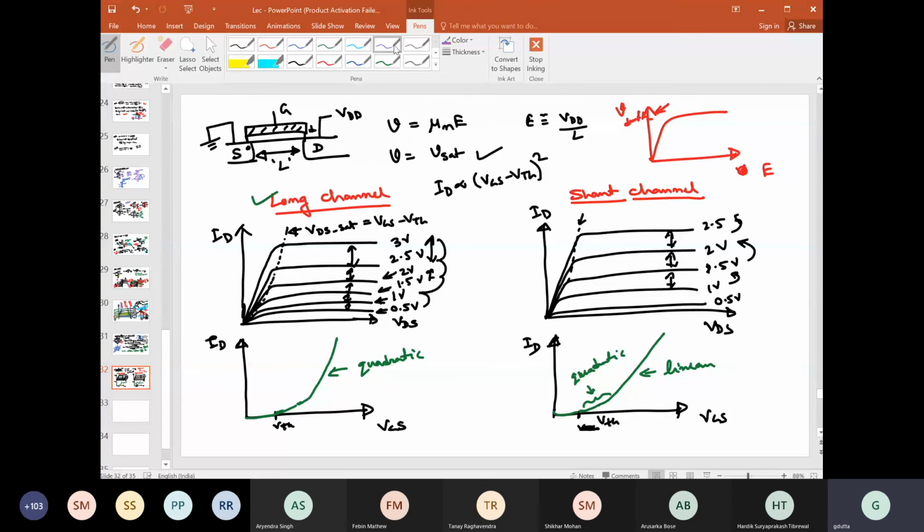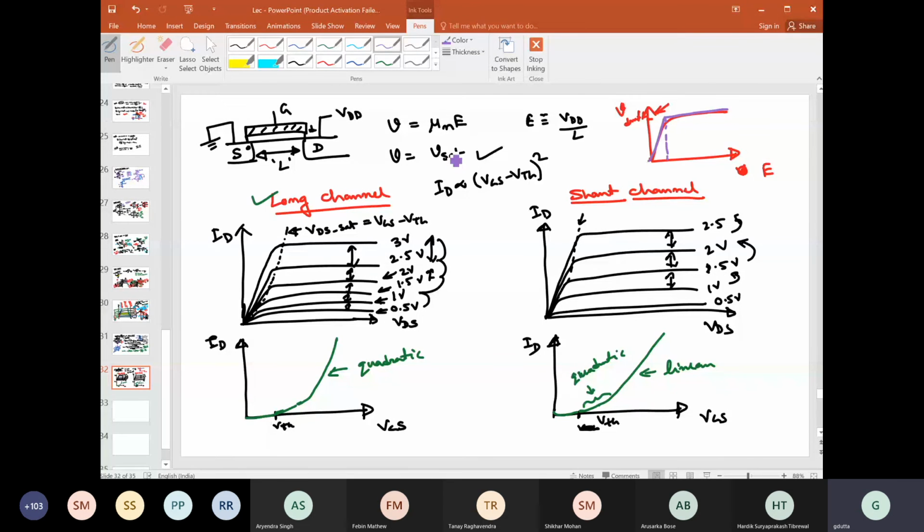But to make our calculation a bit simplified, we are estimating it like this. We are not considering the gradual change in the drift velocity with electric field, but approximating the change as abrupt. As we are considering this abrupt one, we might feel it will be always linear, because we are not considering this part. If you want to include that gradual transition part, then the equation would be a bit more complicated, and it would not be easy to solve by hand.